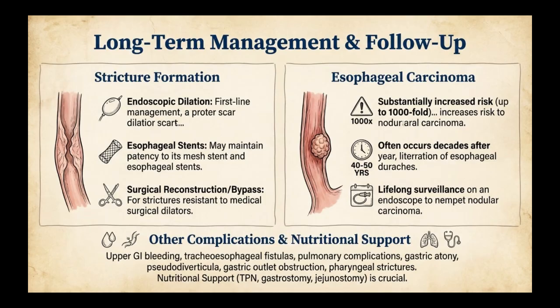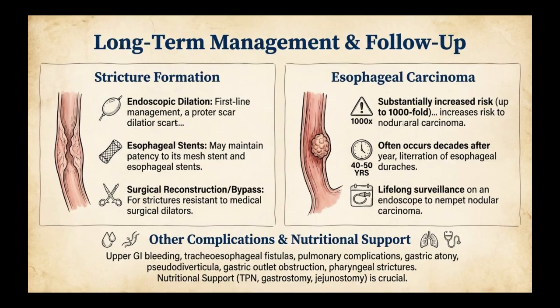This involves using progressively larger bougies over guide wires, and multiple sessions are often required. Esophageal stents may also be used to maintain luminal patency and prevent stricture formation, though their efficacy and ideal use remain under investigation due to issues like migration and high recurrence rates.